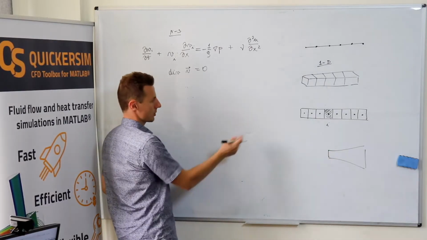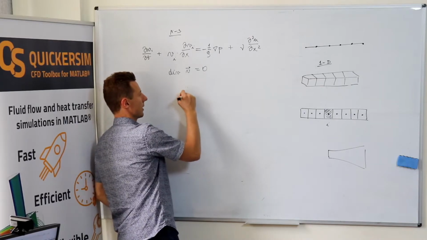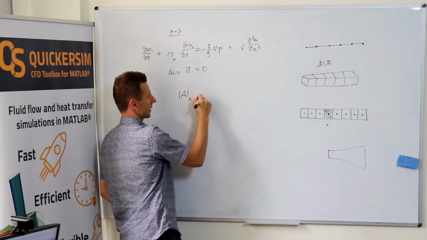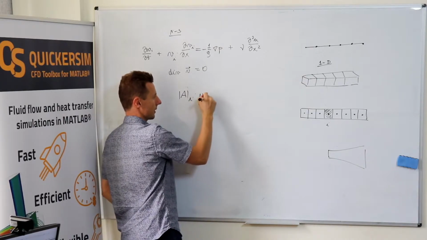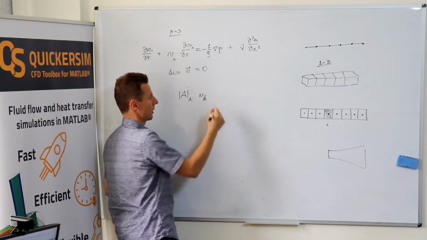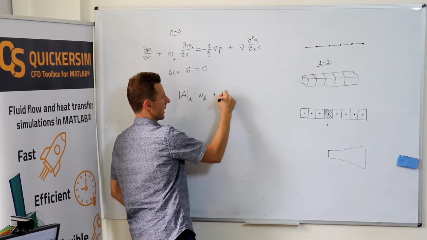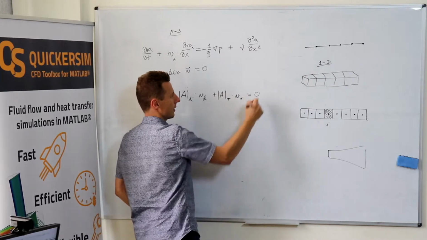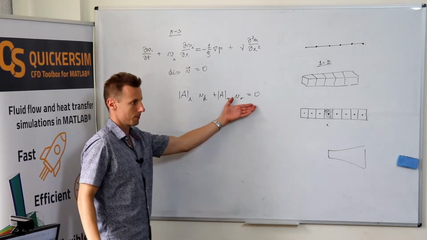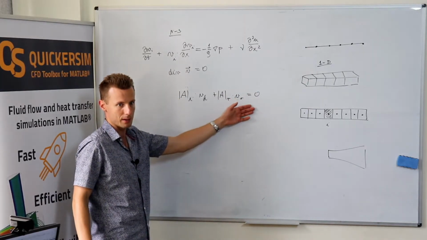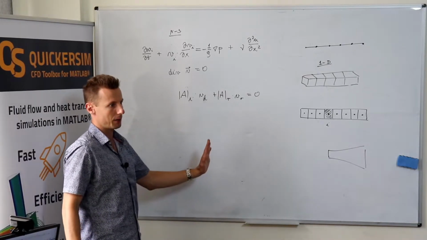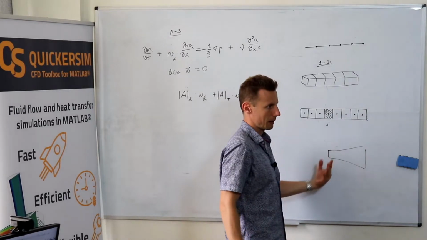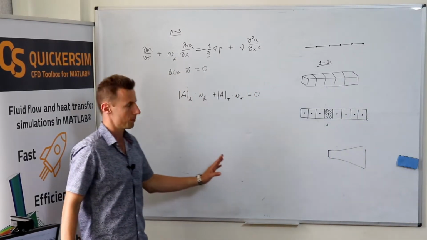Like the continuity equation in the discretized form would be that, let's say, A at the left face times the velocity at the left face, however interpolated, plus A at the right face times the velocity at the right face must be equal to 0. Yeah, it's like the balance of the volumetric flux coming in and coming out of the volume.